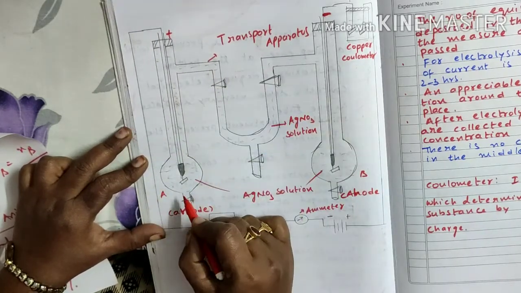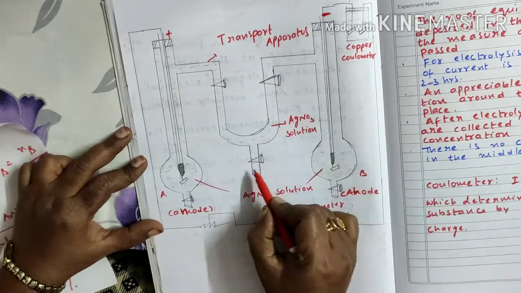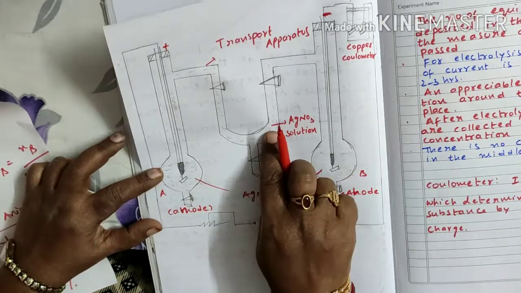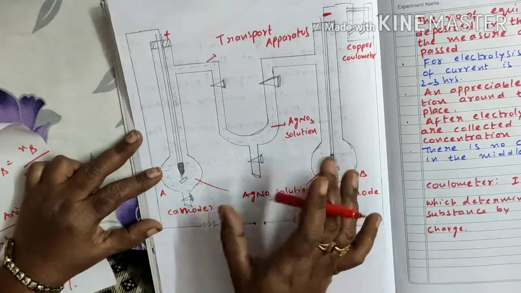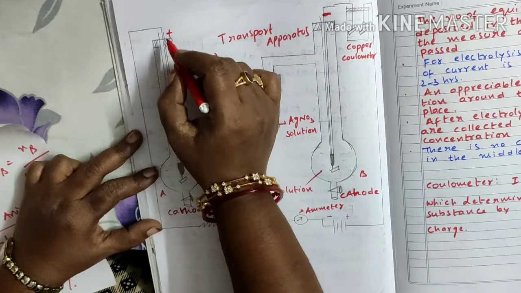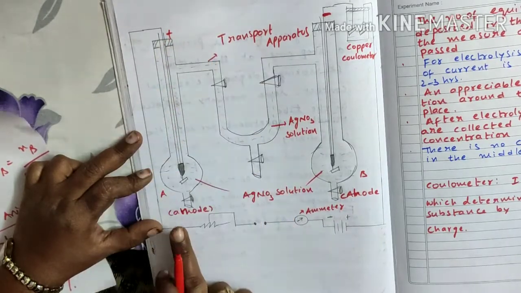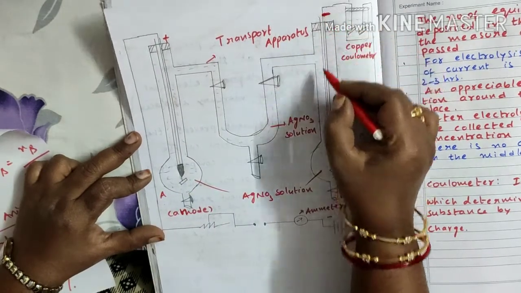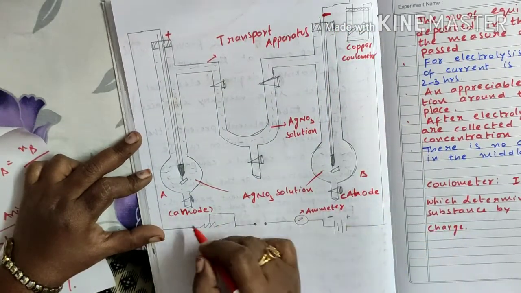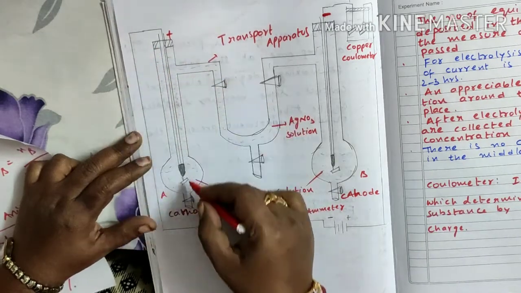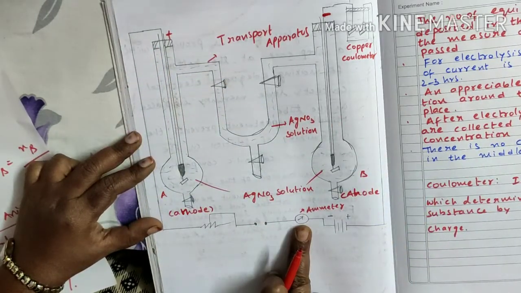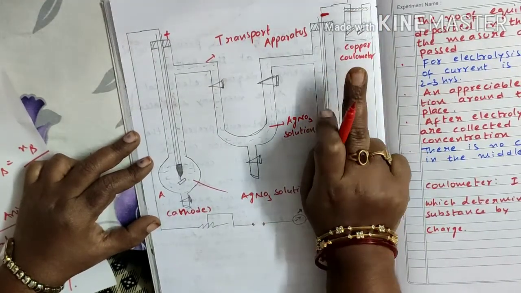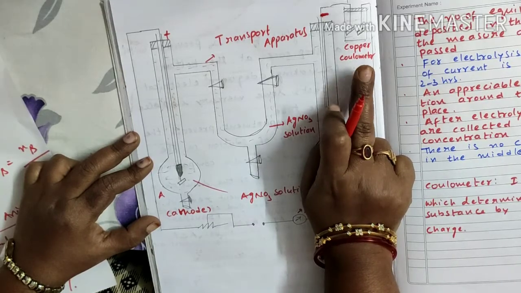Here these are stopcocks. We fill AgNO3 solution in every tube, the vertical tubes and the U tube. A positive electrode is dipped in one compartment and a negative electrode is placed in another one, and those are connected to an ammeter, battery and coulometer. A coulometer is a device which determines an amount of substance by measuring the charge.